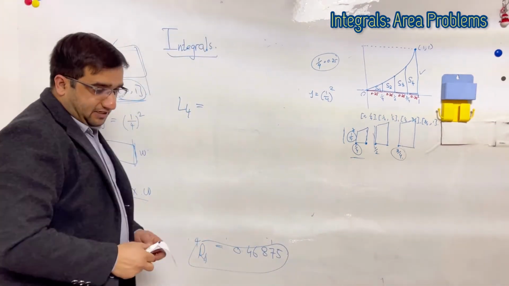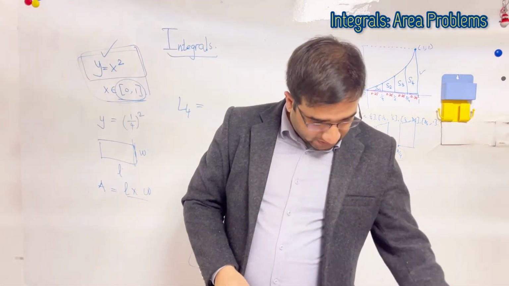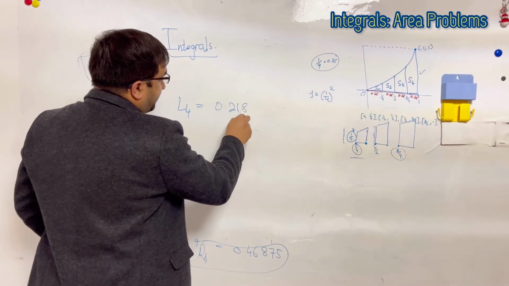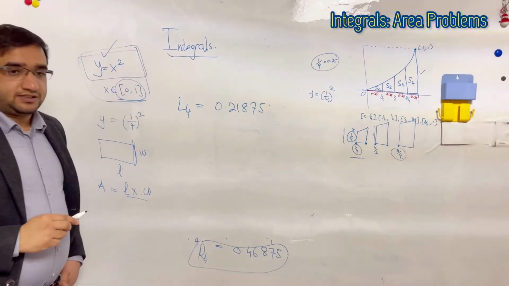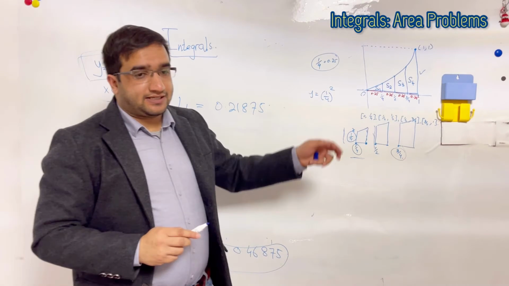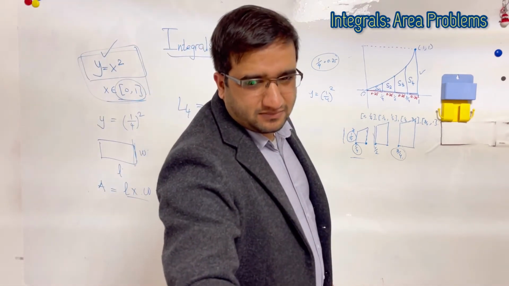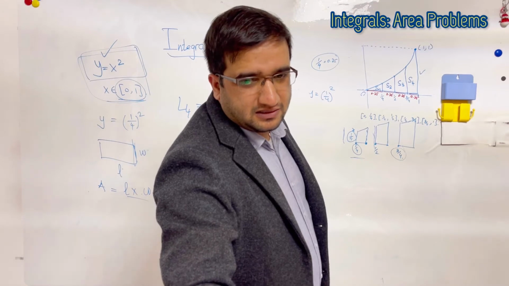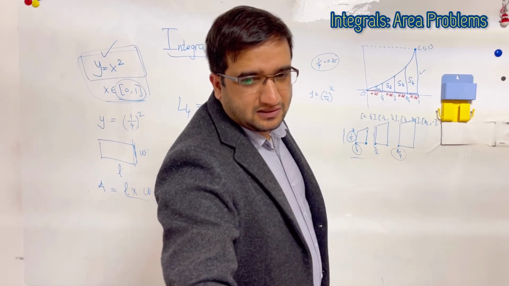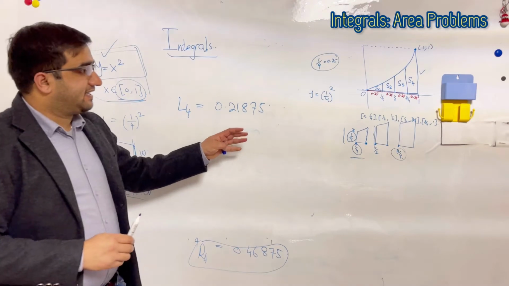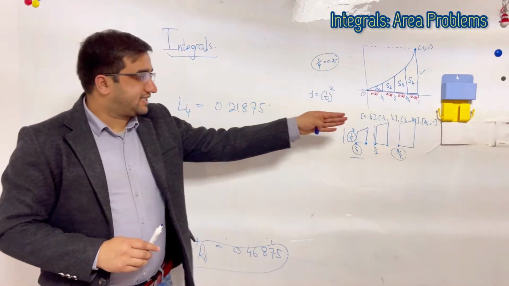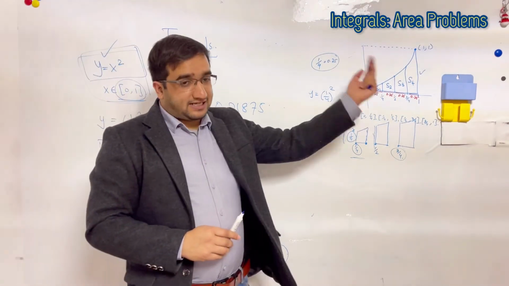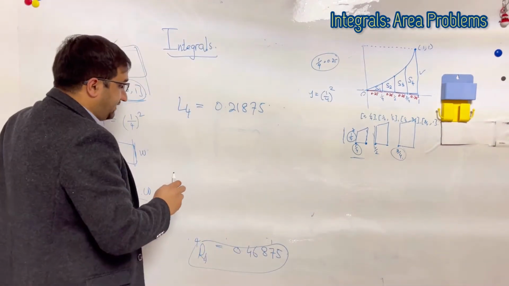And the answer for L4 is 0.21875. So when I was looking at the region from the left side, the area is calculated this way. From the right side, the area is calculated this way.